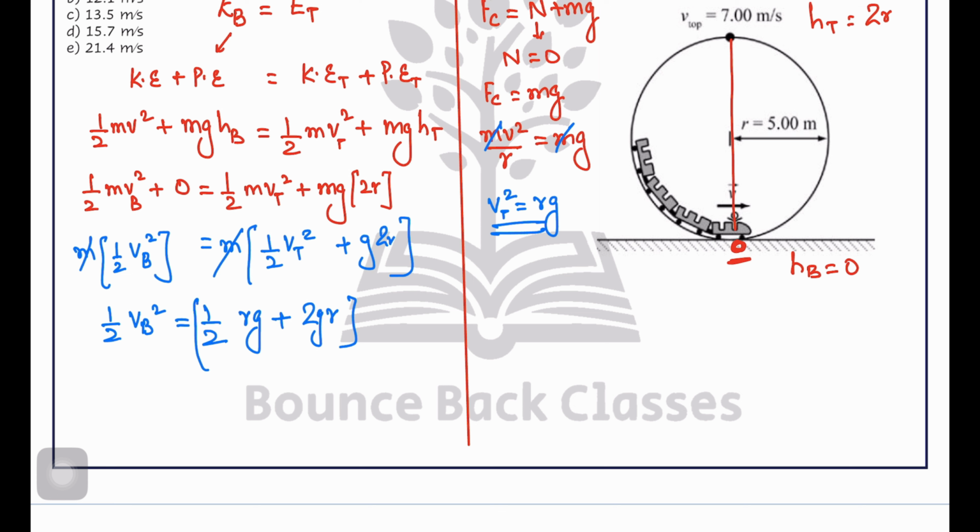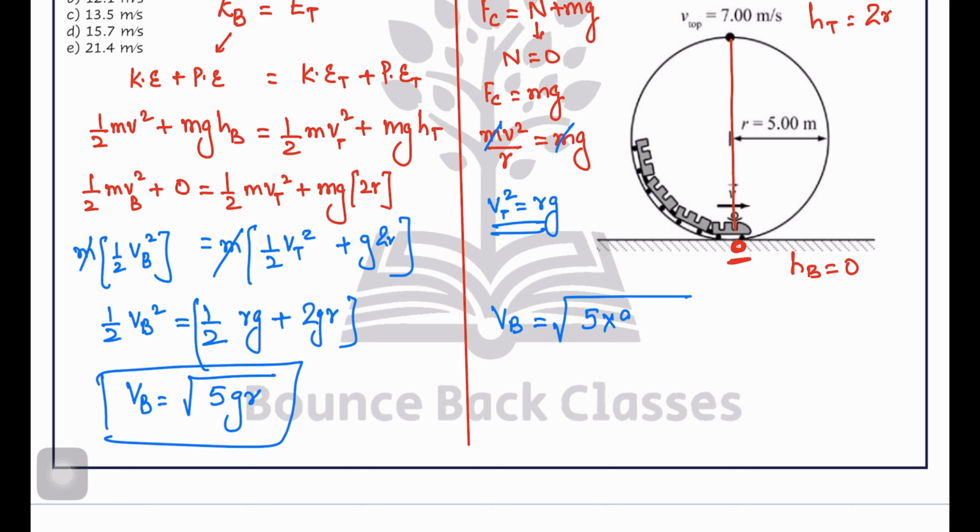Clear? So can I solve? Once you solve it, vb is equal to root 5gr. So the velocity at the bottom is root 5 times gravity 9.81 times R, which is 5. So the velocity at the bottom is 15.7 meters per second.